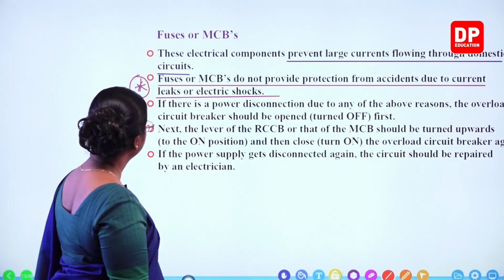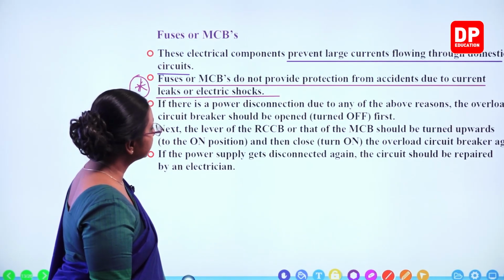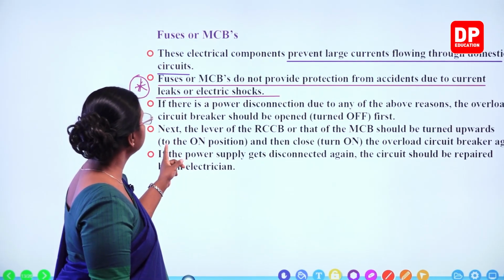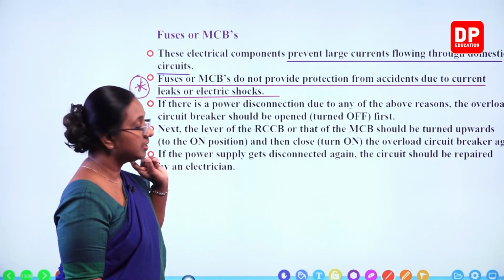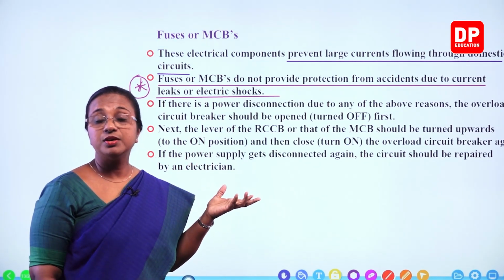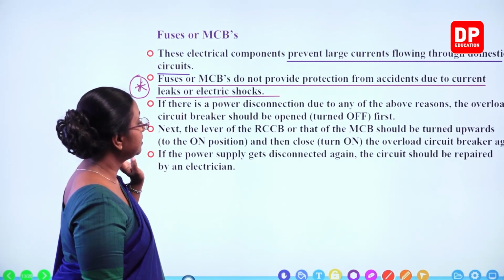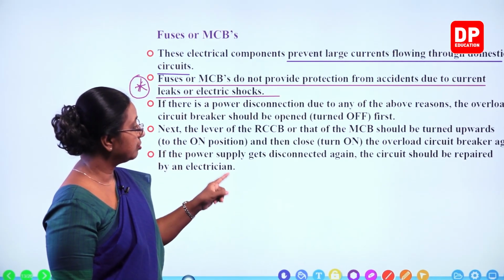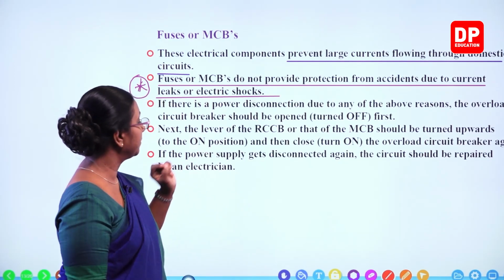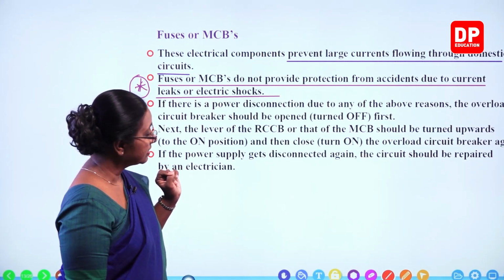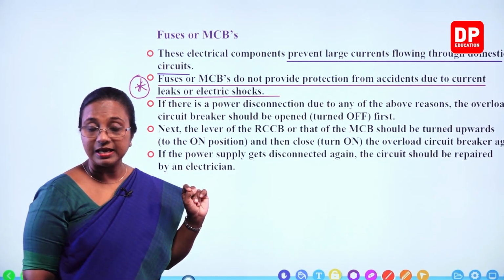That's important. If there is a power disconnection due to any of the above reasons, the overload circuit breaker should be turned off. Next, the lever of the RCCB or that of the MCB should be turned upwards to the on position, and then close, that means turn on the overload circuit breaker again.